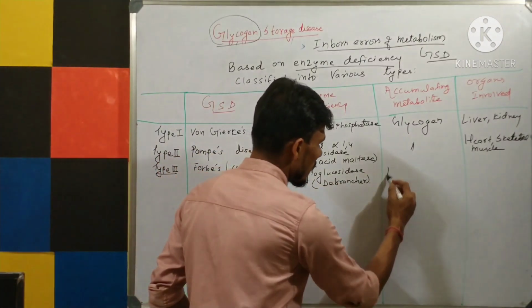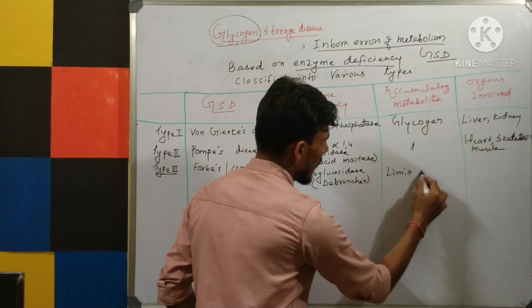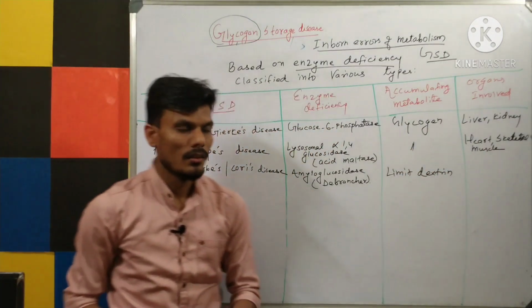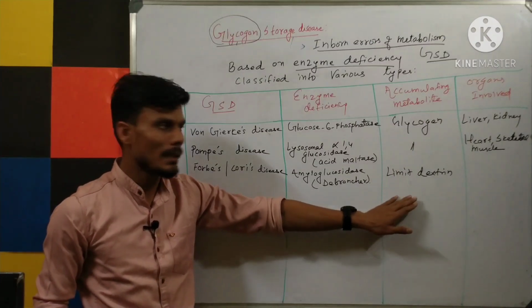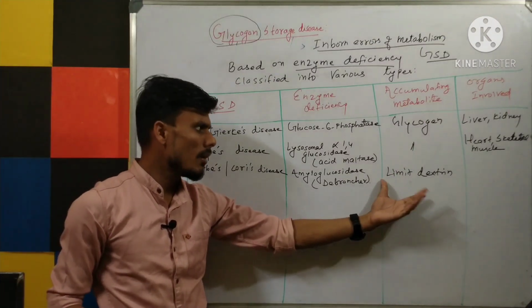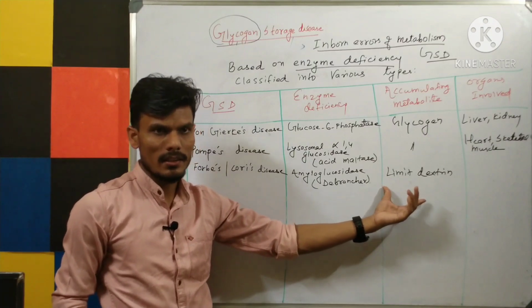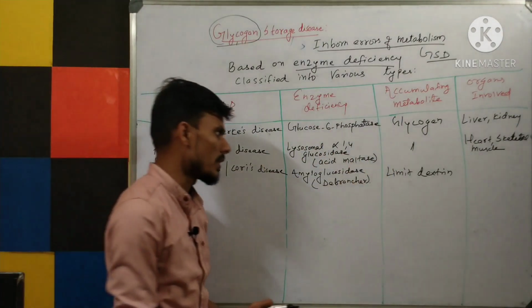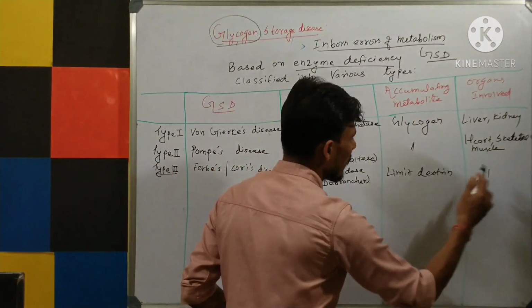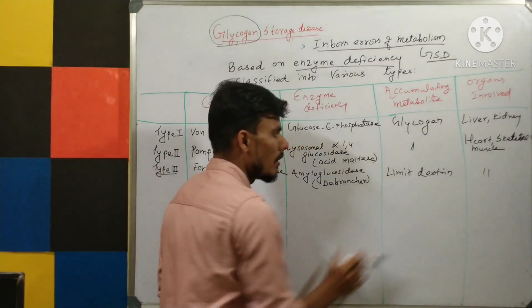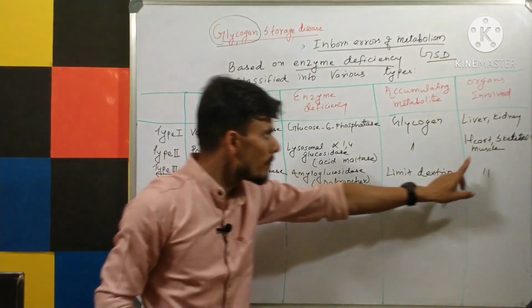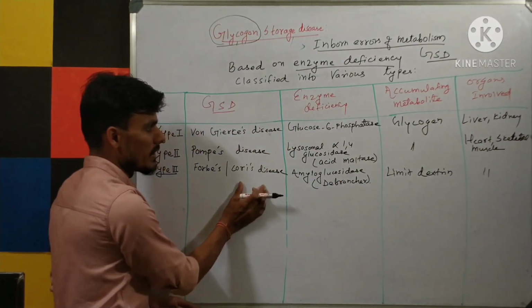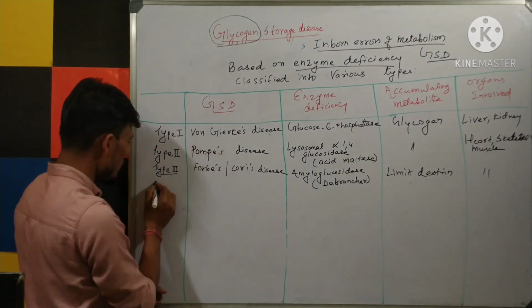In this case, the accumulating metabolite is limit dextrin, a low molecular weight polysaccharide formed when there is hydrolysis of starch or glycogen. If there is accumulation of limit dextrin, the heart and the skeletal muscles are affected in Cori's disease, that is type 3.